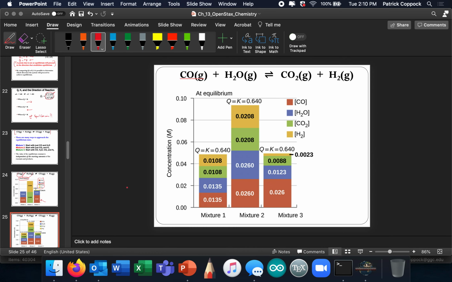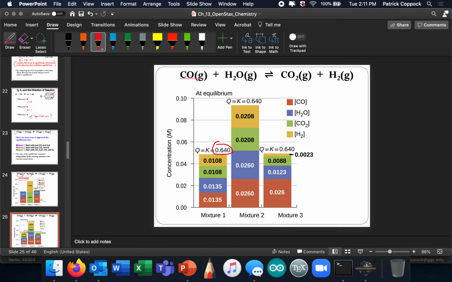Now, at equilibrium, we're going to have the same ratio of the products to reactants. And so it turns out K is 0.640, and we would look that up; it would either be in the question stem or in a book somewhere. At equilibrium Q is going to be equal to K, so if the ratio is 0.640, then we are going to have 0.0108 of these two and 0.0135.